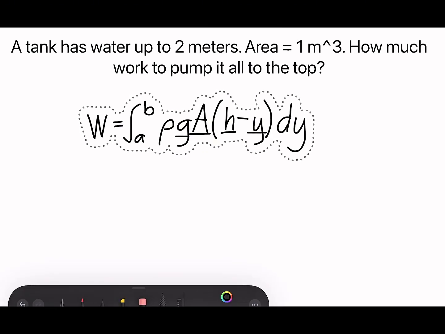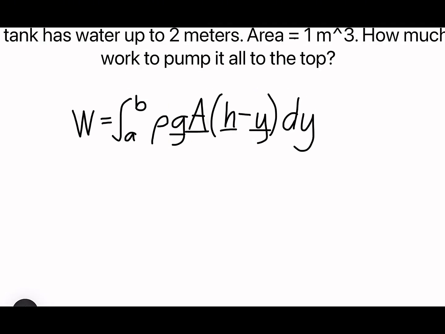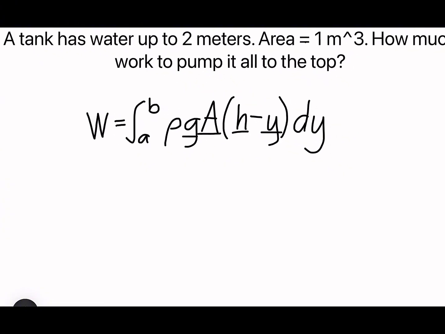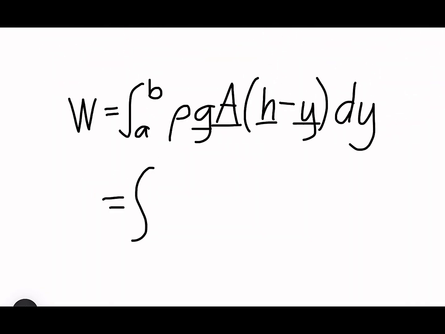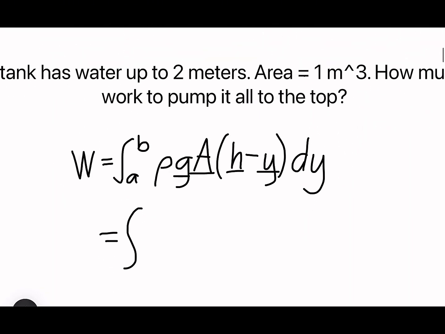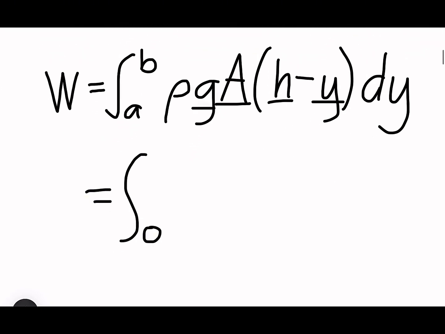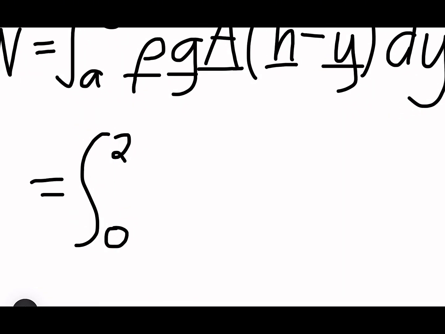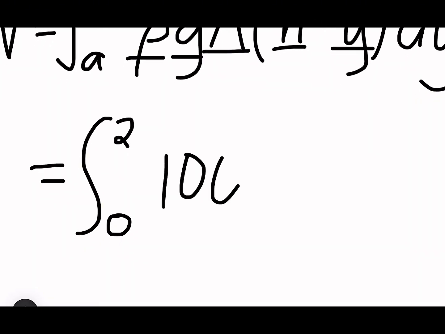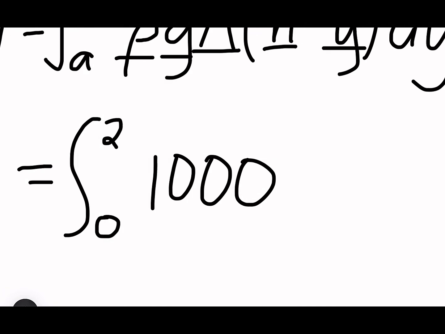Now we can substitute all the given values. Since it's based on our problem, water up to 2 meters, it's simply from 0 to 2. The value of this is 1000, since it's already constant, the density of the water.